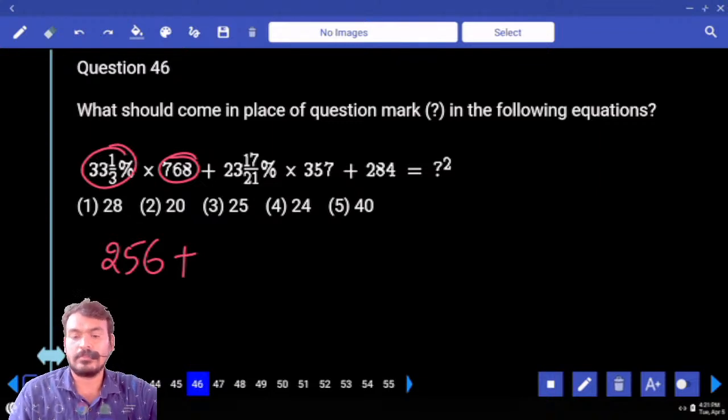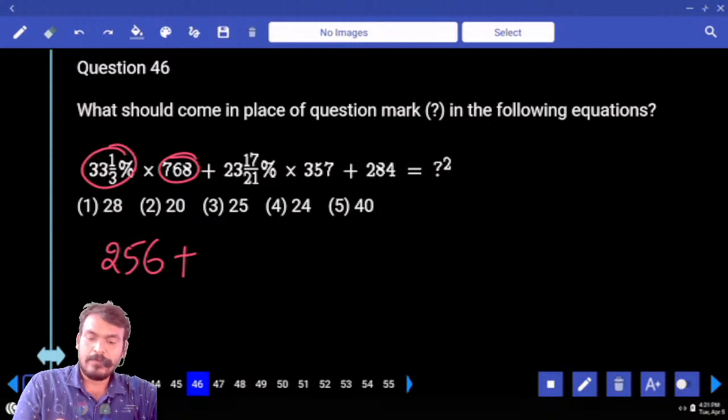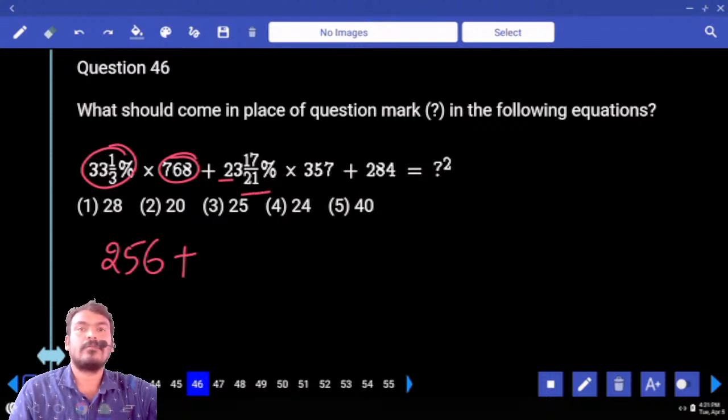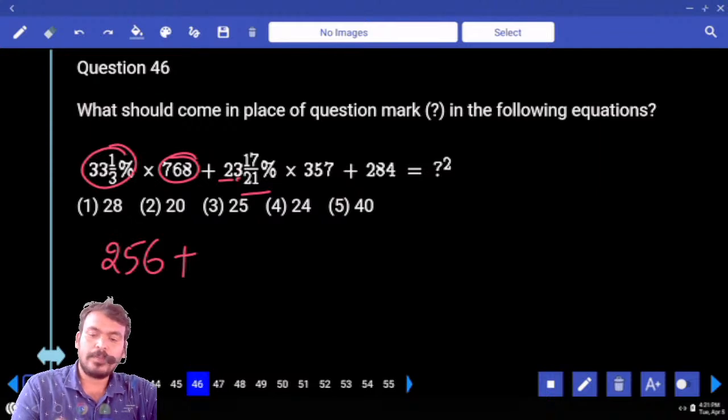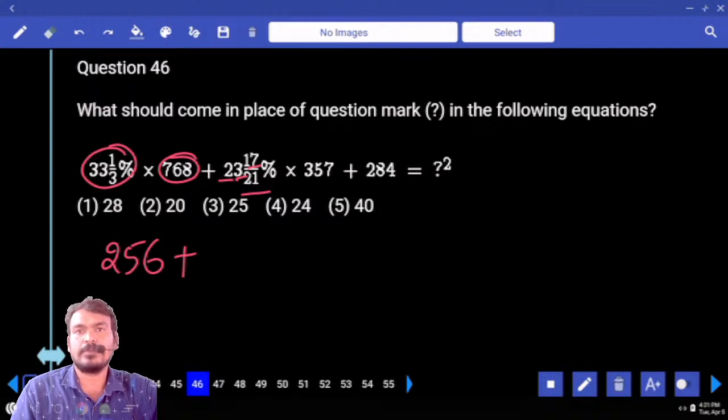17/21% of which value? 357. First 21 20s, how much? 420, or not? 420 plus 63, how much? 483. 483 plus 17 is 500. 500 by 21%, or not?